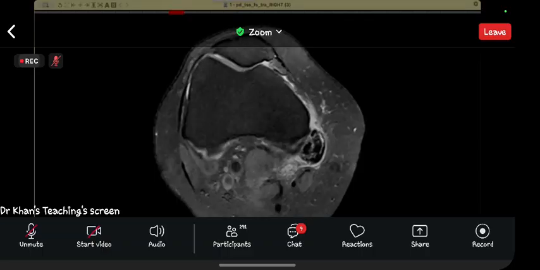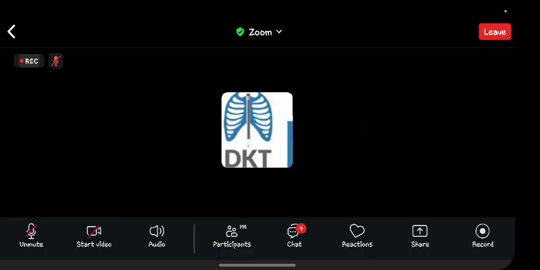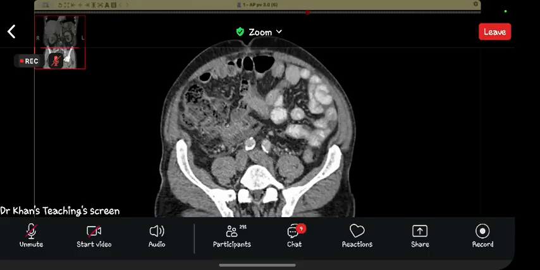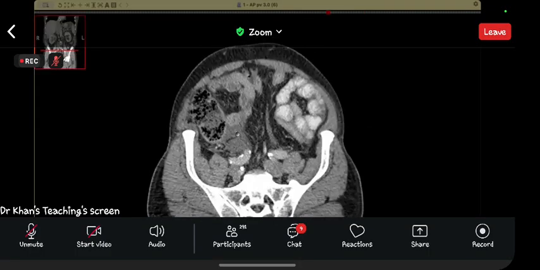Okay, so let's quickly go through your cases. Now, this case is a renal cell carcinoma.